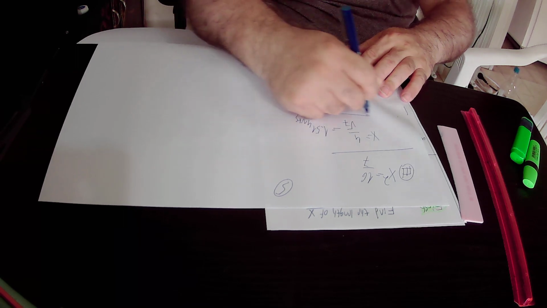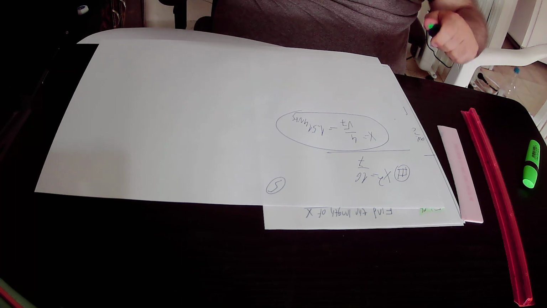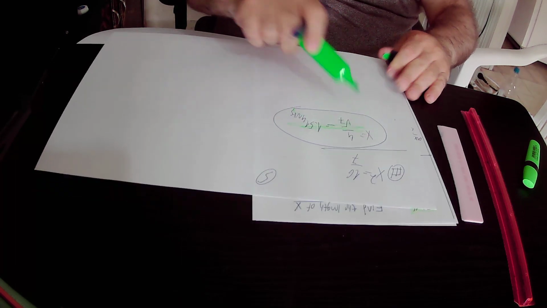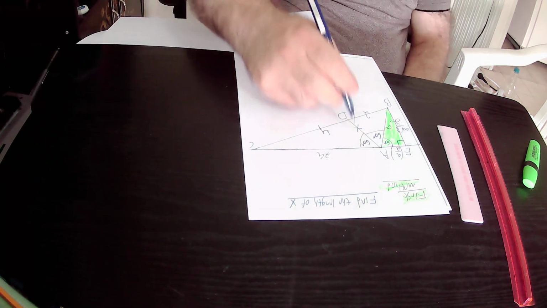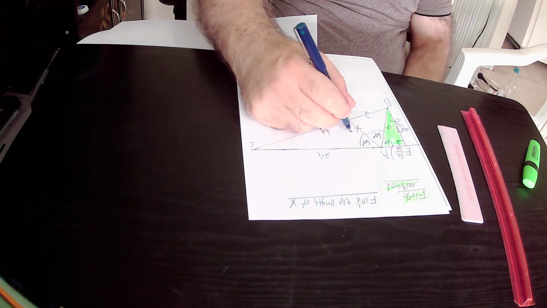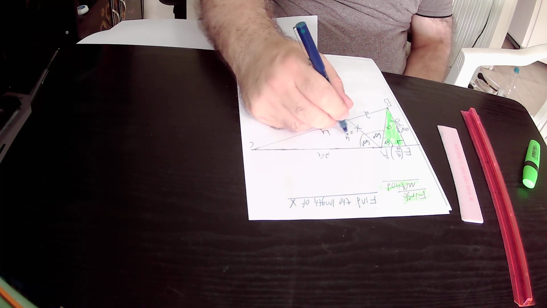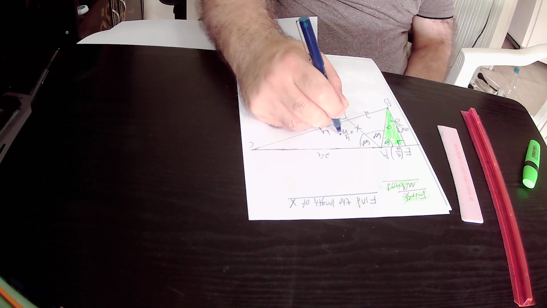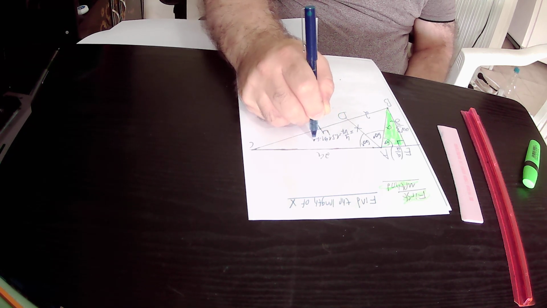Okay, so here we can write down that x, which is equal to AD, is equal to either 4 over square root of 7 units, or in terms of numbers 1.51 units.